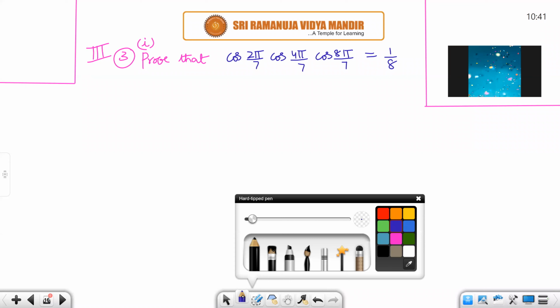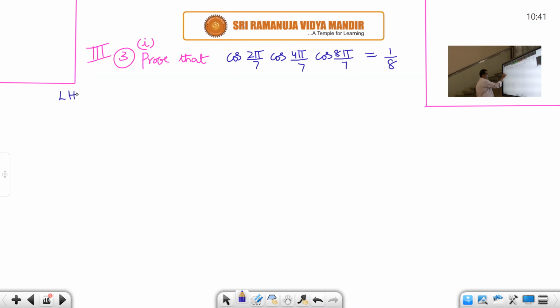We'll start from the left-hand side. I'll write cos 2 pi by 7 and leave some gap in the beginning. Why I have left that gap, you will understand. I want to multiply by something and divide by something. Cos 4 pi by 7, cos 8 pi by 7. Madhuri, I want to multiply this and divide by 2 sin 2 pi by 7.